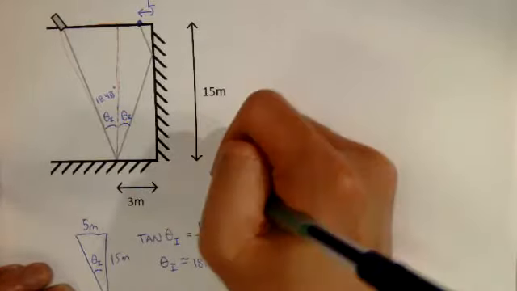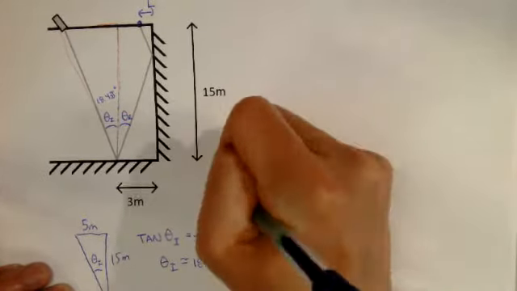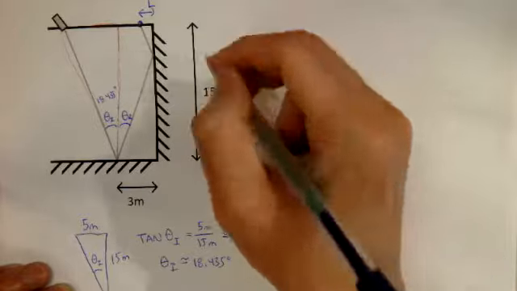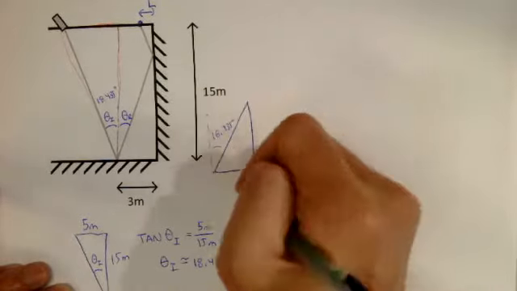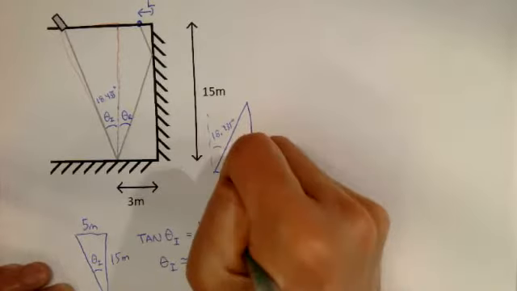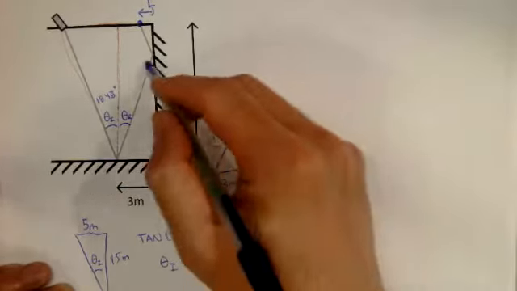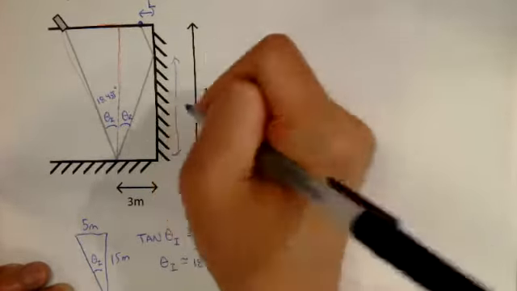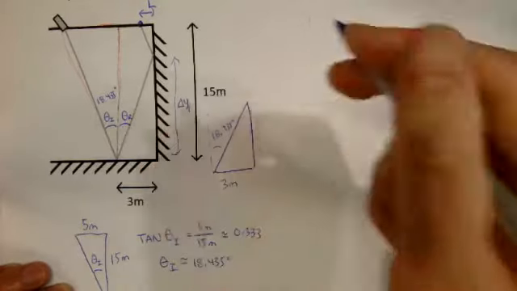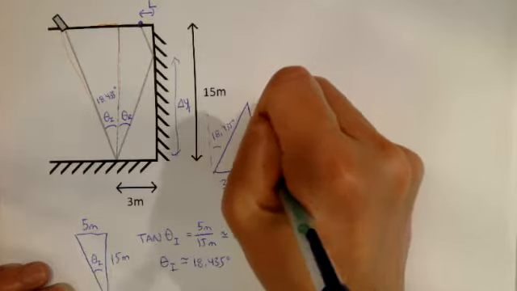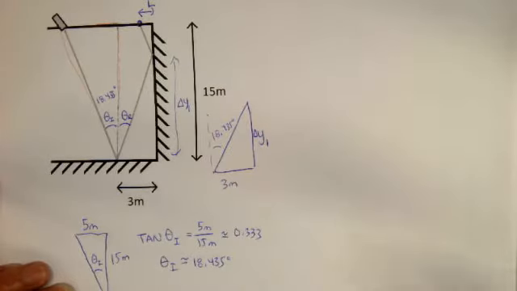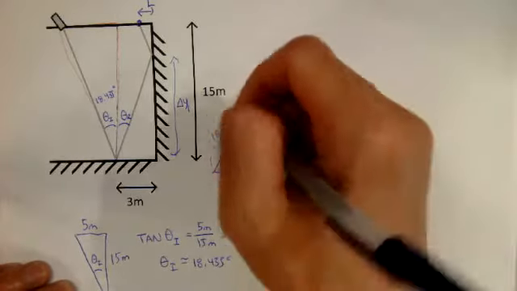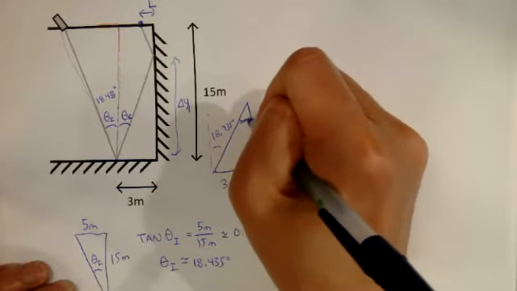And so now we have another triangle, where this is also 18.435 degrees. This time, if the side length is 3 meters, we want to know what this height is. Let's call this delta y1. And so we could say that if this is 18.435, so is this, right?